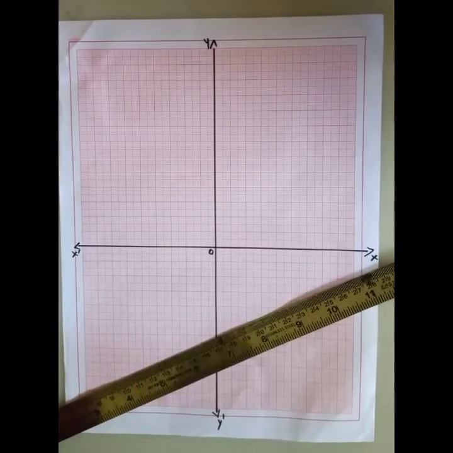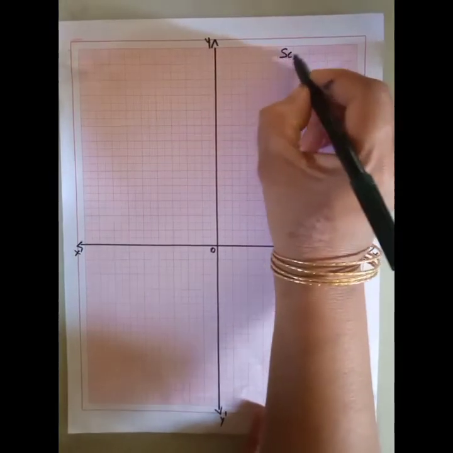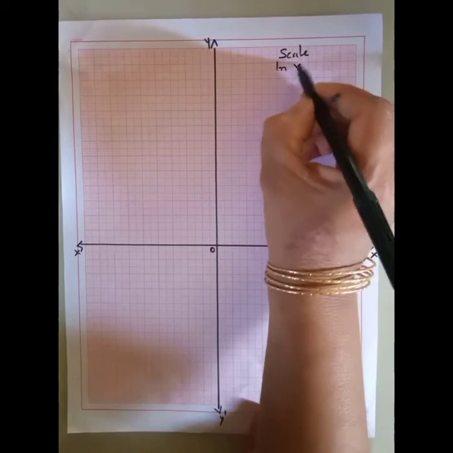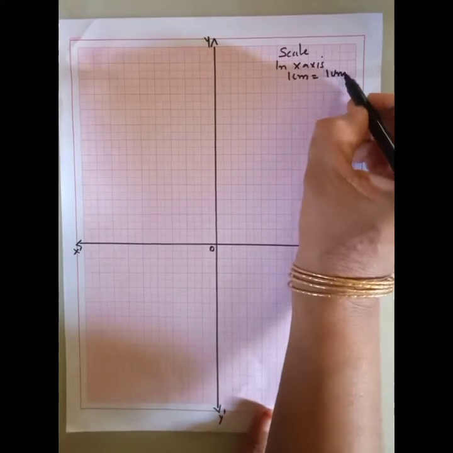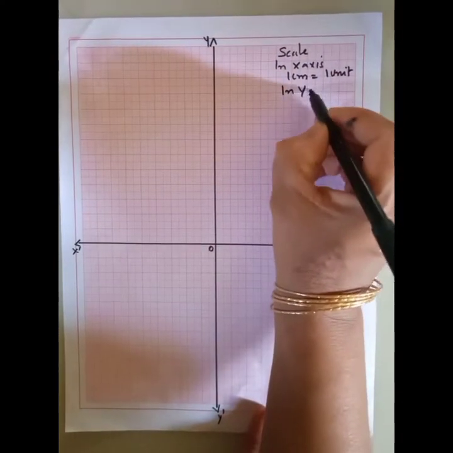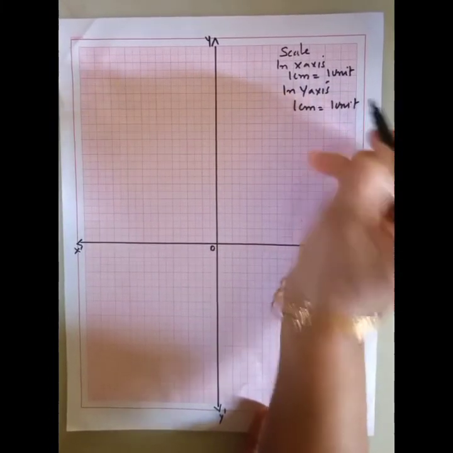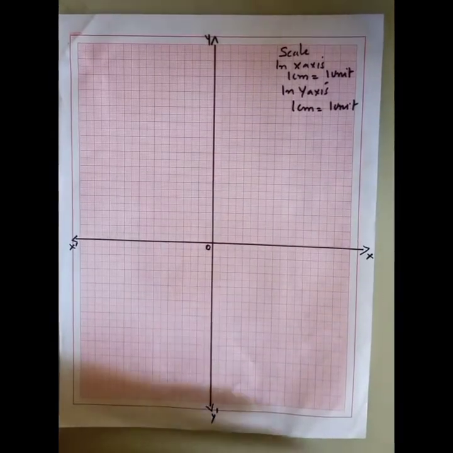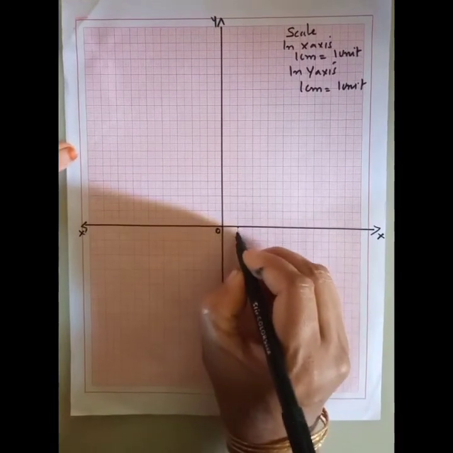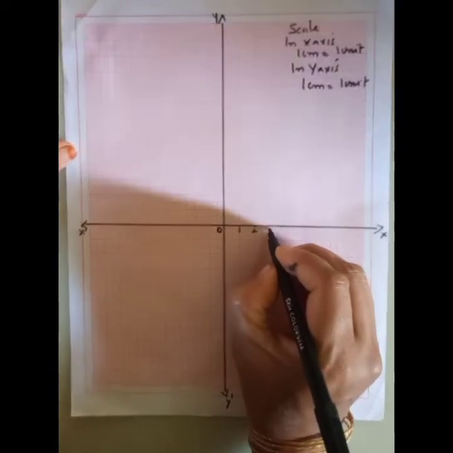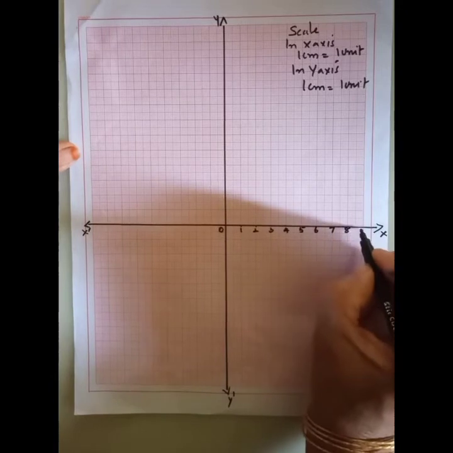First, before going to draw the graph, you must write the scale. So what is the scale here? In x-axis, 1 centimeter equal to 1 unit, and in y-axis, 1 centimeter equal to 1 unit. Okay, this is the scale. After that, we must mark the points, positive side all 1, 2, 3, 4, 5, 6, 7, 8, 9.